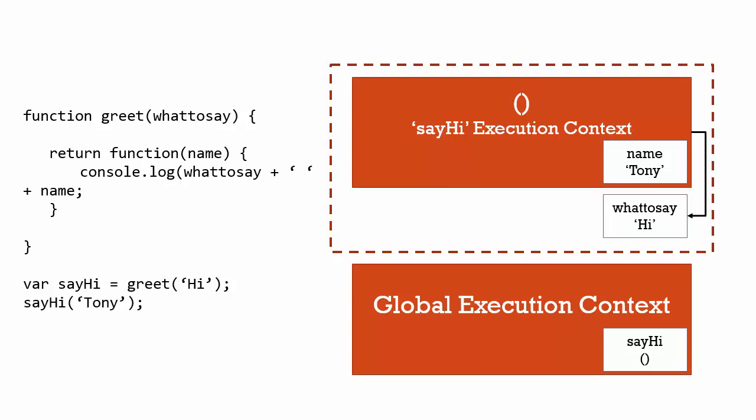And so this phenomenon of it closing in all the variables that it's supposed to have access to is called a closure. Make sense? It isn't something then that you create, that you type, that you tell the JavaScript engine to do. Closures are simply a feature of the JavaScript programming language.